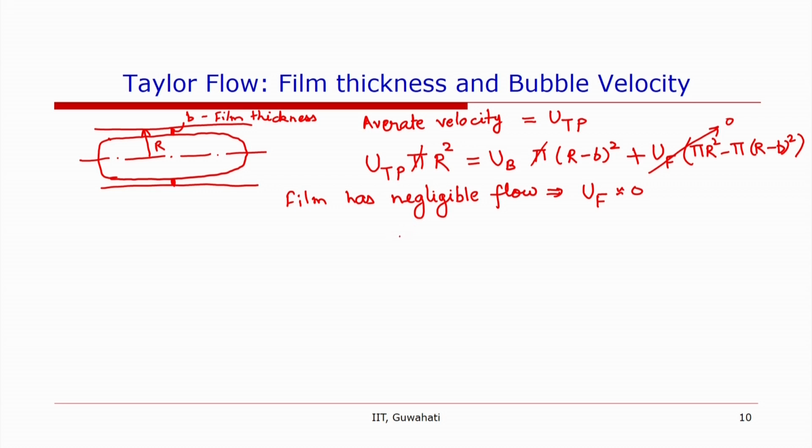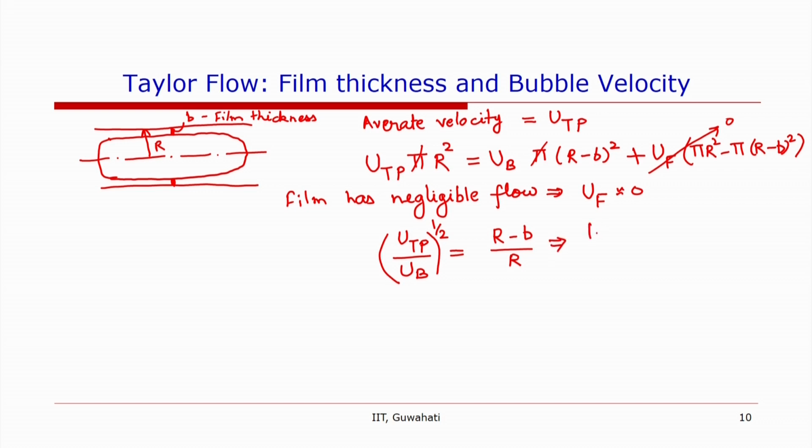So we have UTP over UB is equal to R minus B over R squared, or R minus B over R is equal to UTP by UB raised to the power 1 by 2.